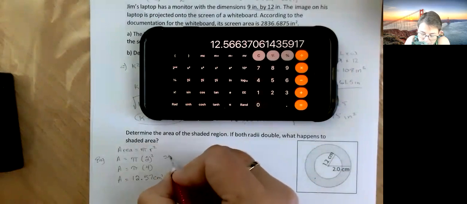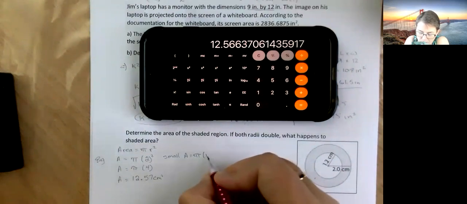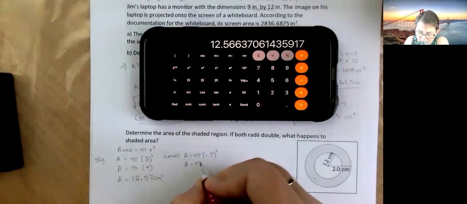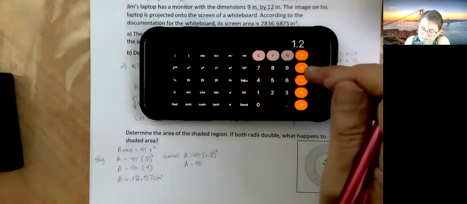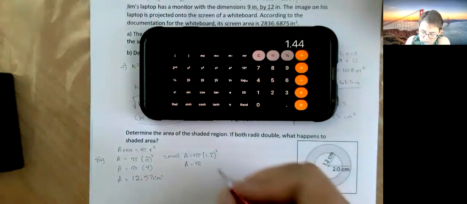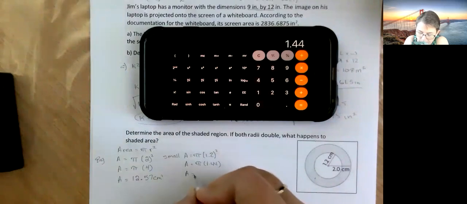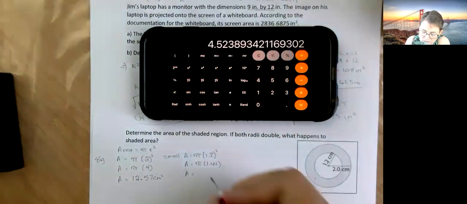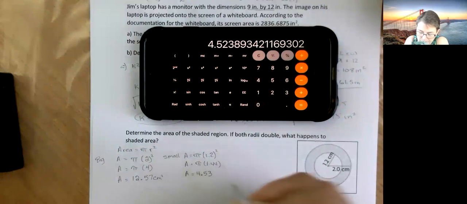And now we'll do the small one. Area is equal to pi times 1.2 squared. 1.2, ooh, I have a squared button. 1.44. So we'll just multiply that by pi and hit equals. 4.53.